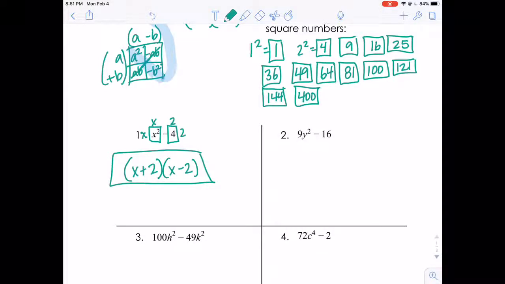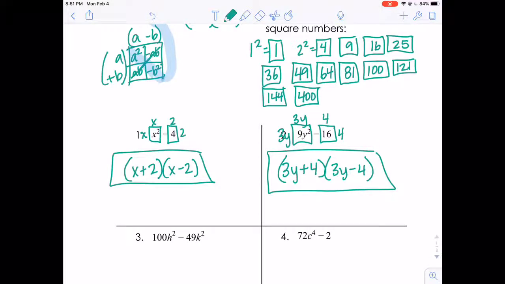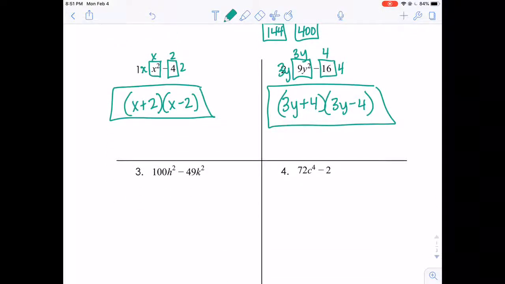For number 2, I'm going to check. I know that this could be 3y times 3y, and I know 16 could be 4 times 4. So I know this is 3y plus 4, 3y minus 4. And I could always double check all of these using the box, but I'm pretty confident here. I think you guys remember this too.